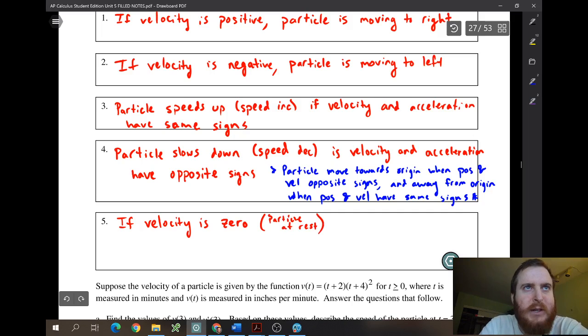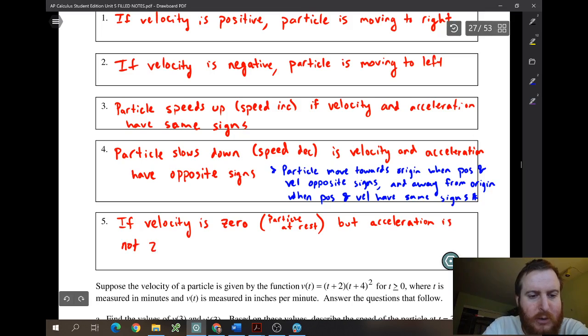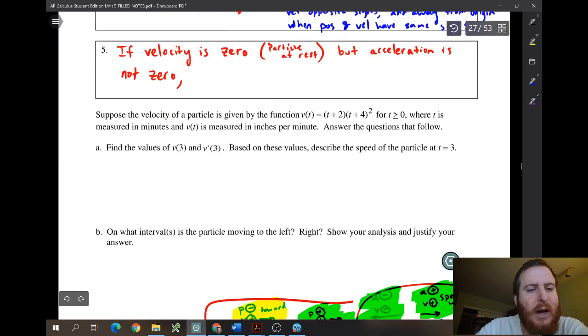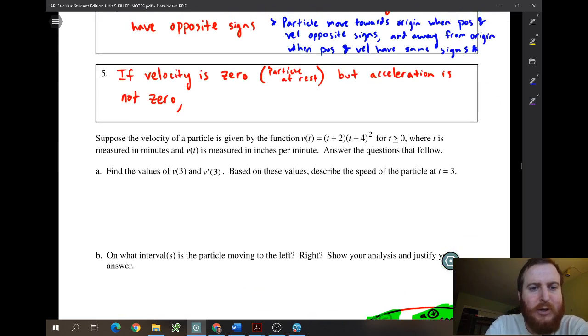So if our velocity is 0, but the acceleration is not 0, we said that's when we can be changing directions. Right now, the particle might not change directions, but it definitely can change directions. So we're going to say the particle is momentarily stopped.